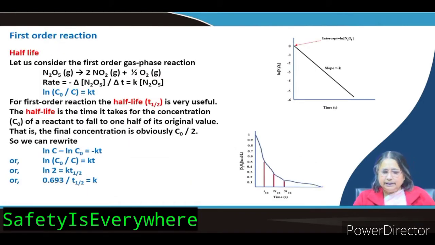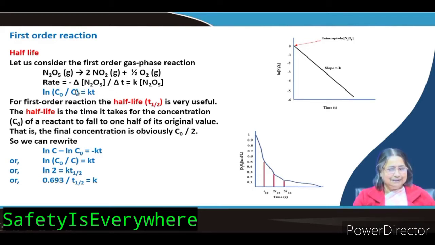Now, this is another example. Instead of giving A as the reactant and P as the product, here an actual reaction is shown. It is a gas phase reaction: nitrogen pentoxide, N2O5, can decompose to nitrogen dioxide and oxygen, and the rate of this decomposition of N2O5 you can write in this fashion.